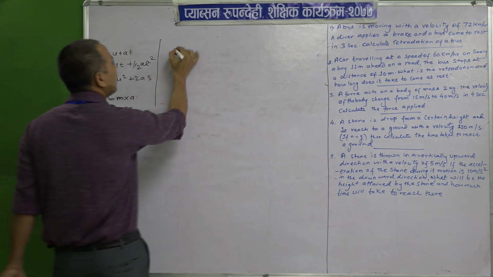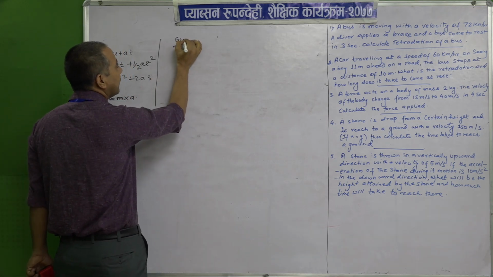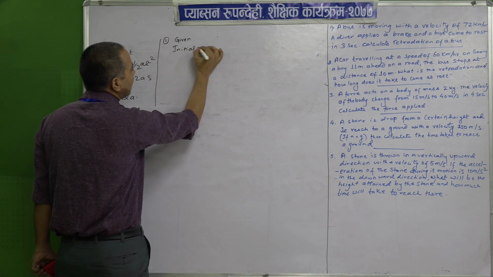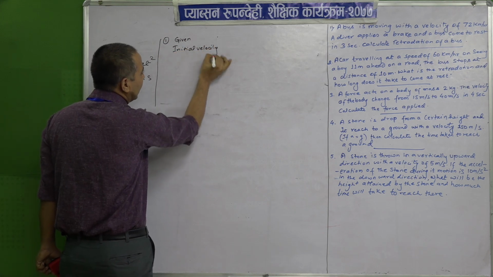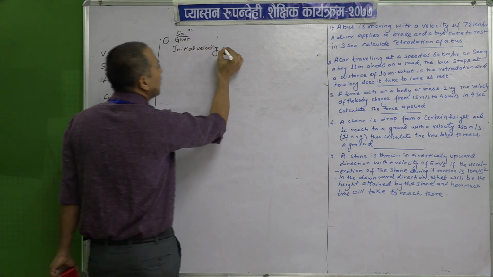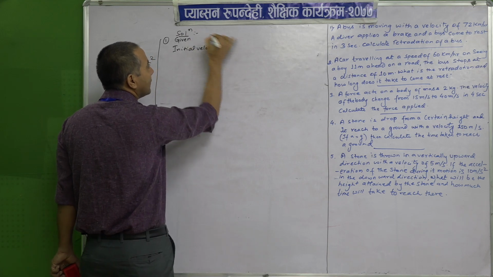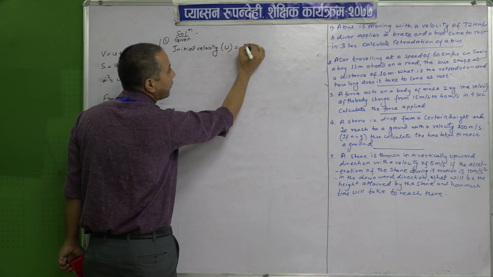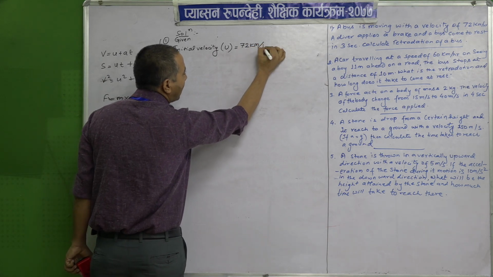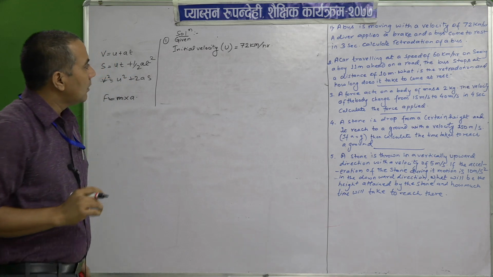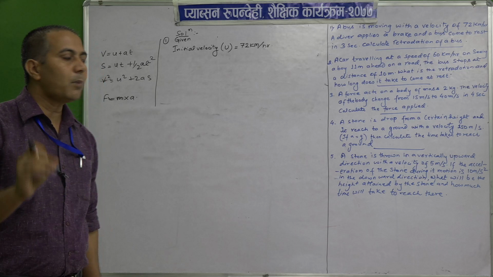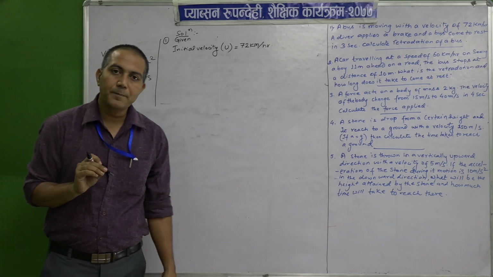That is given as the initial velocity. Number one question, solution. Initial velocity u equals 72 kilometer per hour. Is kilometer per hour the SI unit?